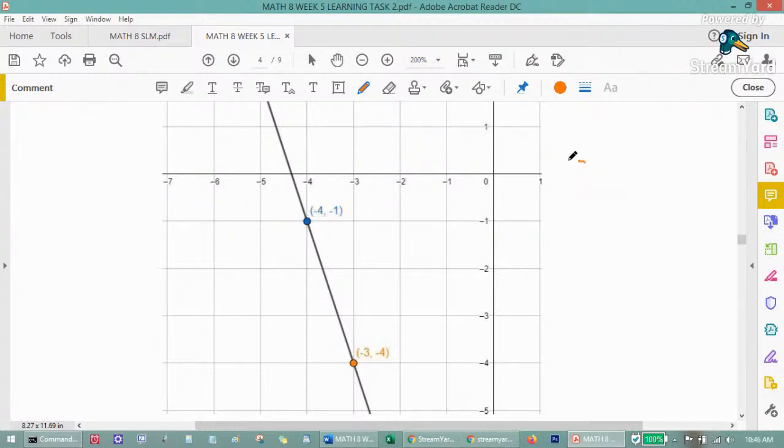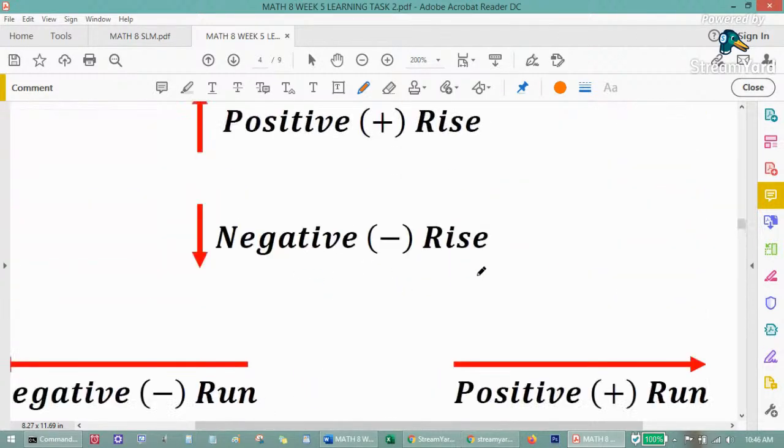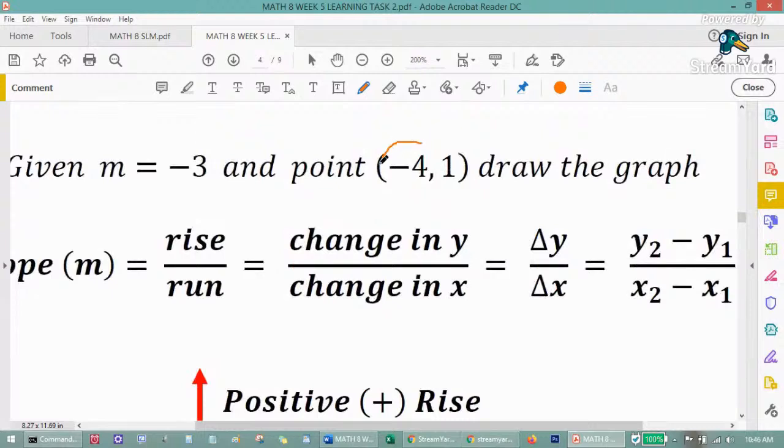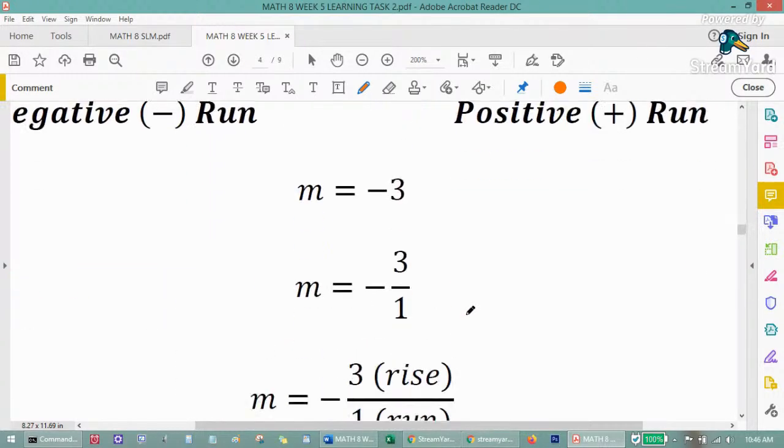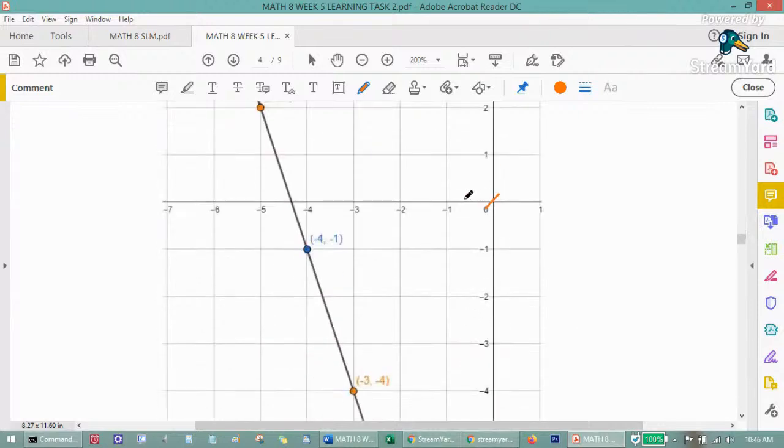Okay? Yung nakahiga. Horizontal. 0. Negative 4. Ang x natin is negative 4. Ito yung x. Ito yung y. So, negative 1, negative 2, negative 3, negative 4. Tigil tayo dyan sa negative 4.